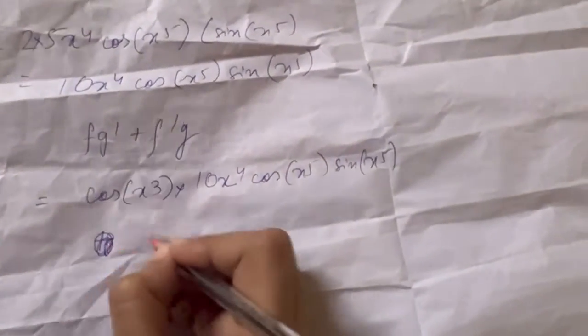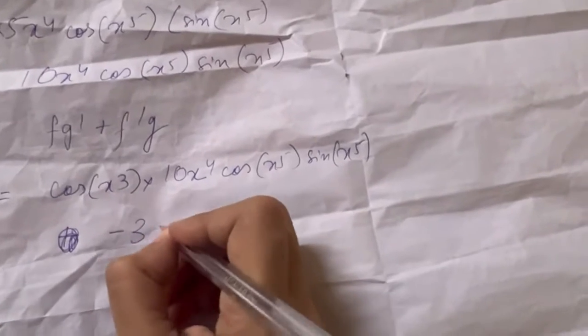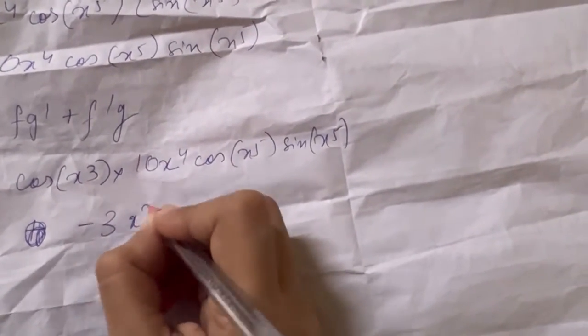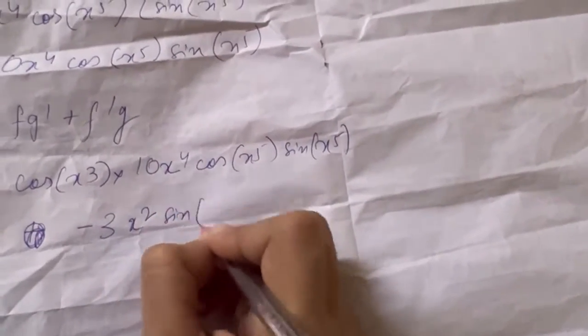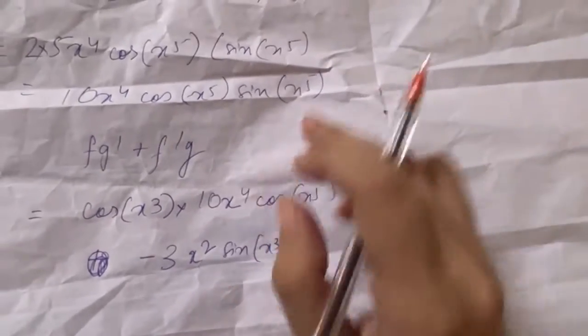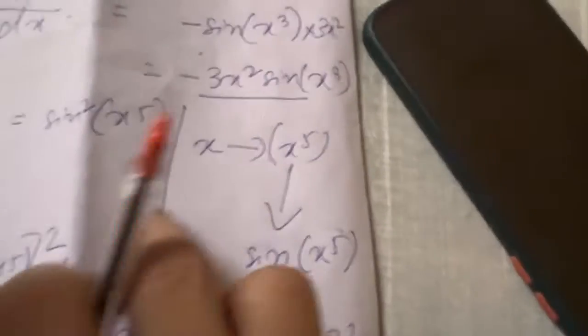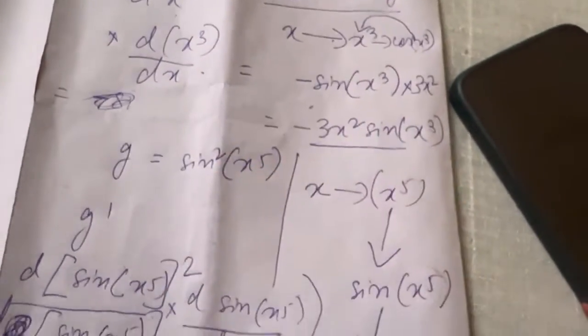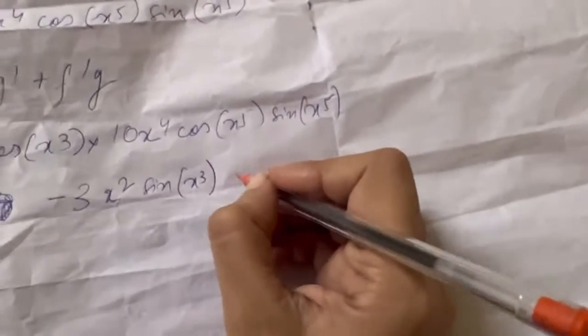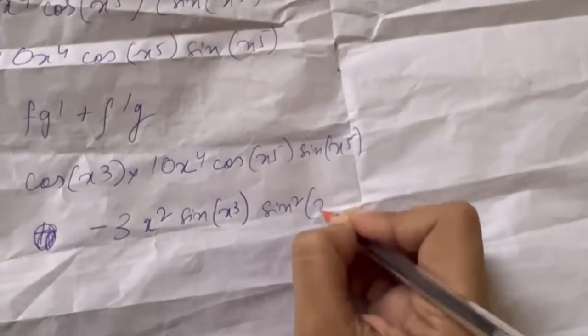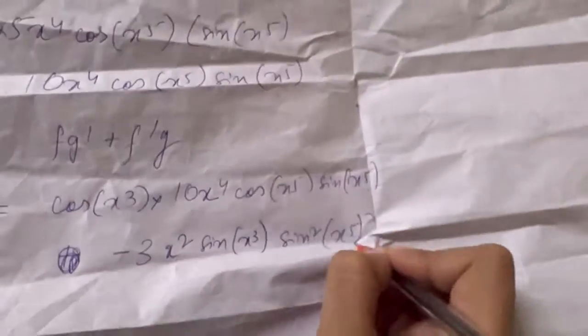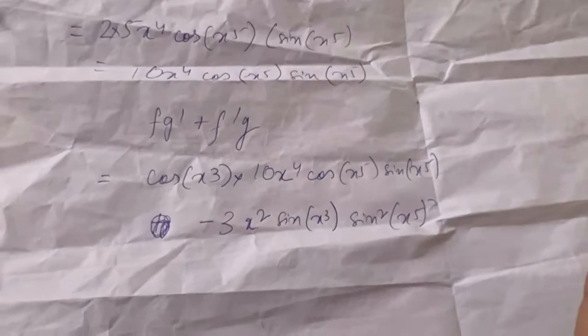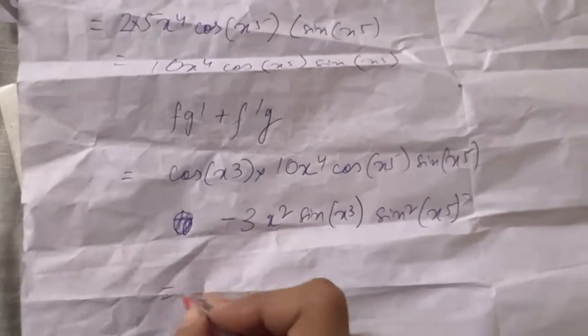So this becomes plus minus 3x square sine x cube, and then g. G is equal to sine square x to the power 5. Finally, yeah, this is what we got.